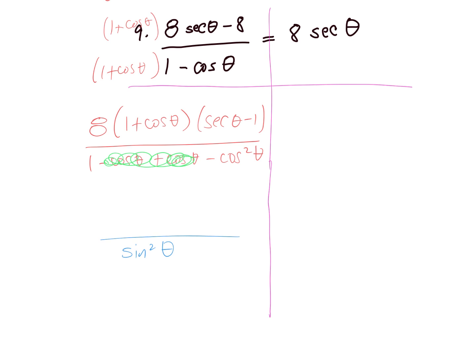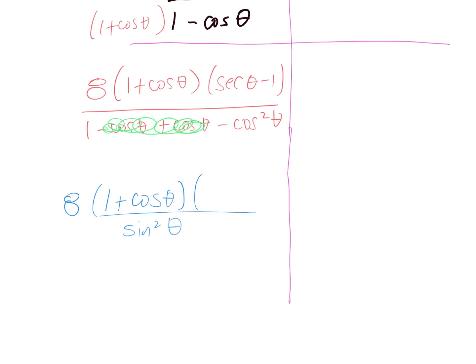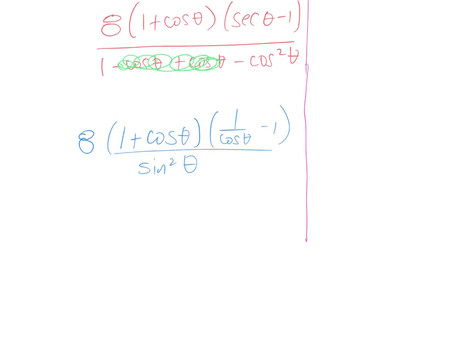Okay, in order to FOIL these, you could FOIL it like it is and then do the conversion. I'm going to go ahead and convert now. I'm going to stick this 8 out in front. And I'm going to have 1 plus cosine. What's another way that I could write secant? 1 over cosine. Okay. And then I have minus 1. Agreed? Okay. So I got the 8.